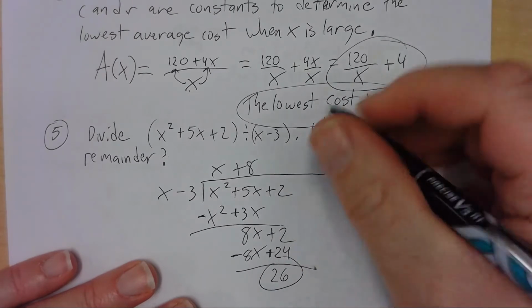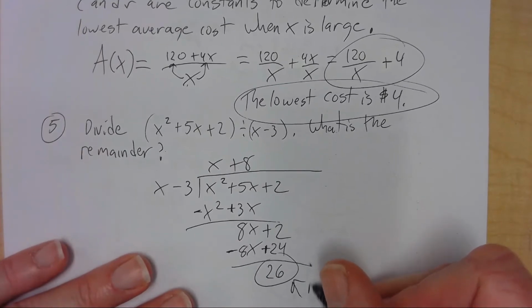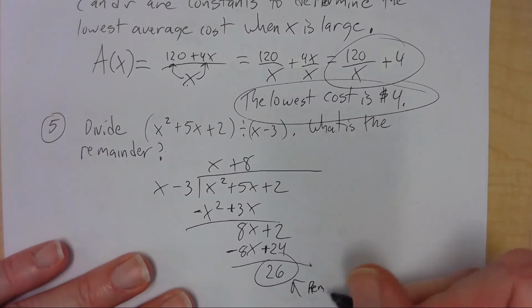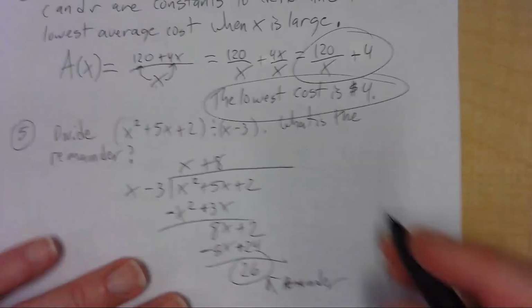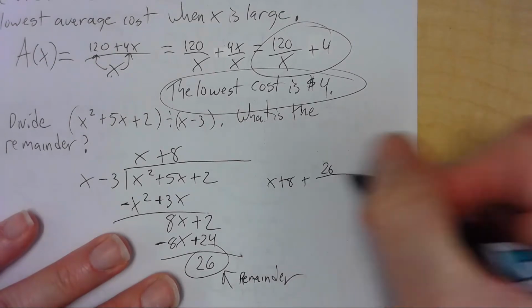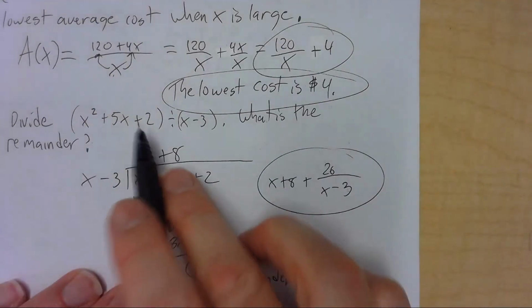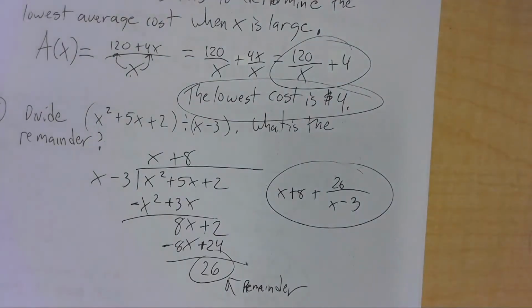So the remainder is 26. So you could rewrite this as x plus 8 plus 26 over x minus 3. That would be the same thing as this right there, because the remainder is 26.